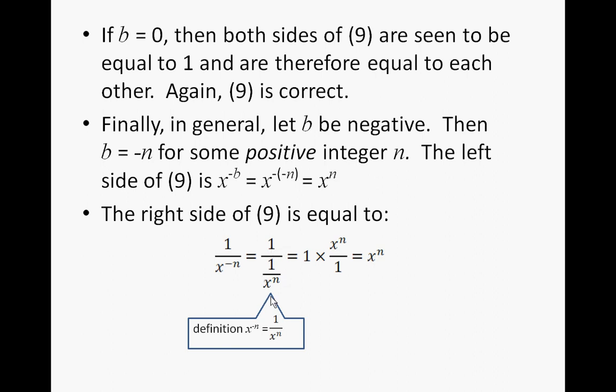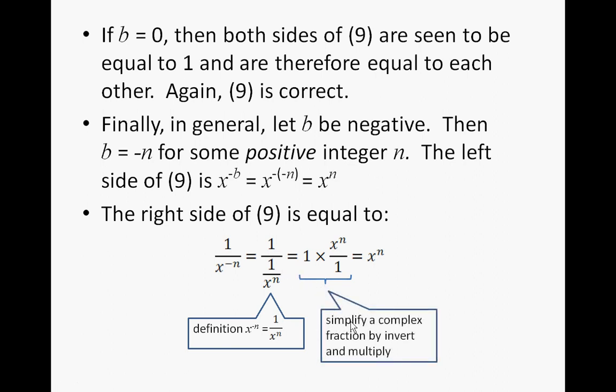Well, now this makes this a complex fraction. And how do we deal with complex fractions? Well, this becomes 1 times the reciprocal. So we simplify a complex fraction by using invert and multiply. Because if I multiply this by the reciprocal, x^n over 1, then that's essentially what I get here.